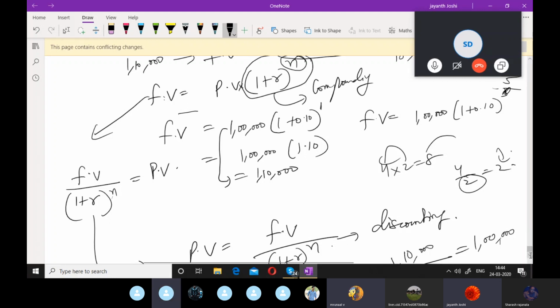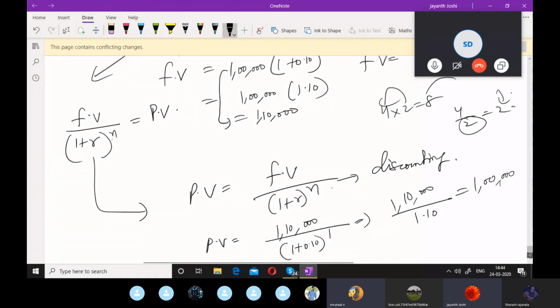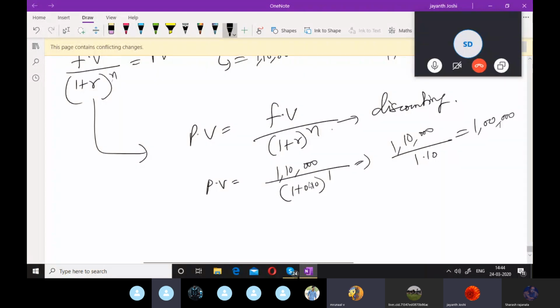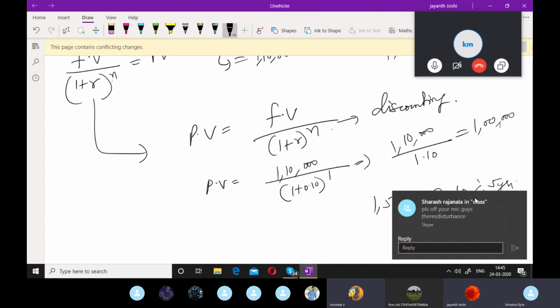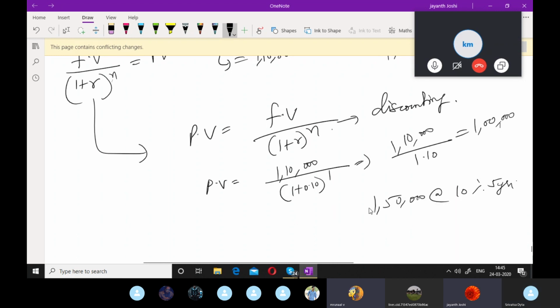And if you want to find out the present value, suppose every year you are earning 10% interest on some amount. Suppose you had 1 lakh rupees with you in the beginning, and after 5 years it has become 1,50,000 at the rate of 10%.